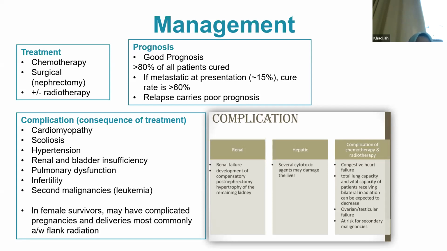And for complications, from the renal side itself, we are afraid of renal failure, especially if both kidneys are involved, and most of the complications are due to consequences of the treatment itself, with chemotherapy and radiotherapy, like congestive heart failure, and others.